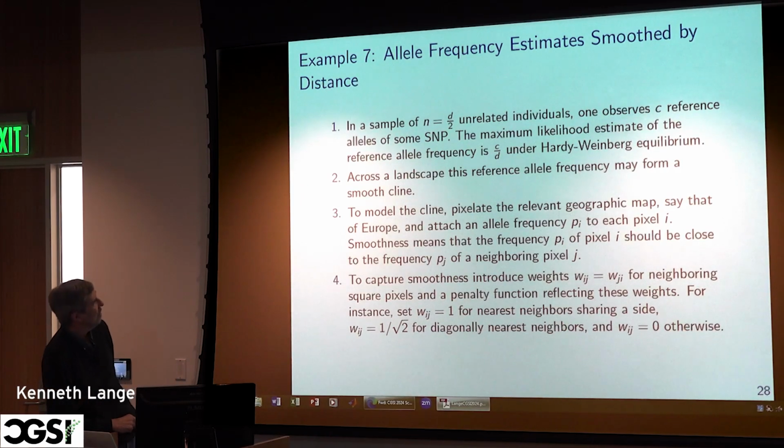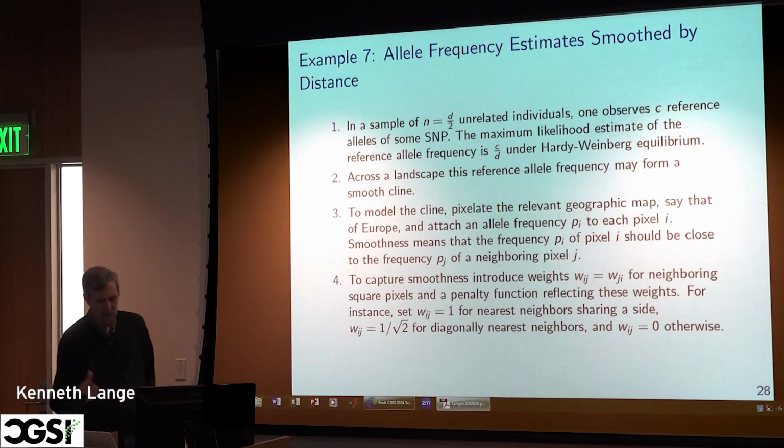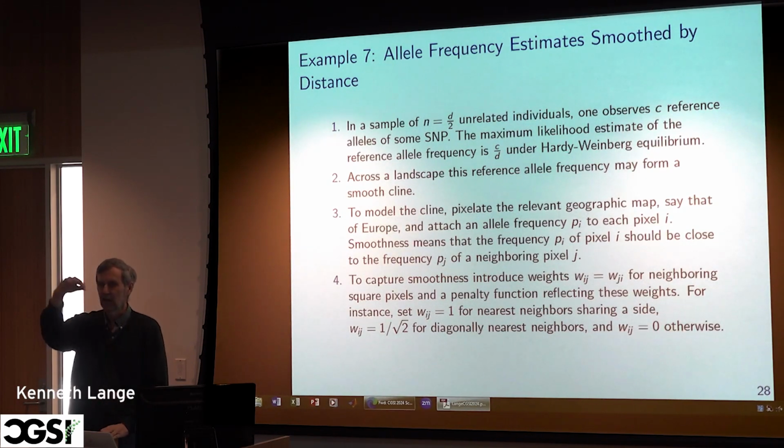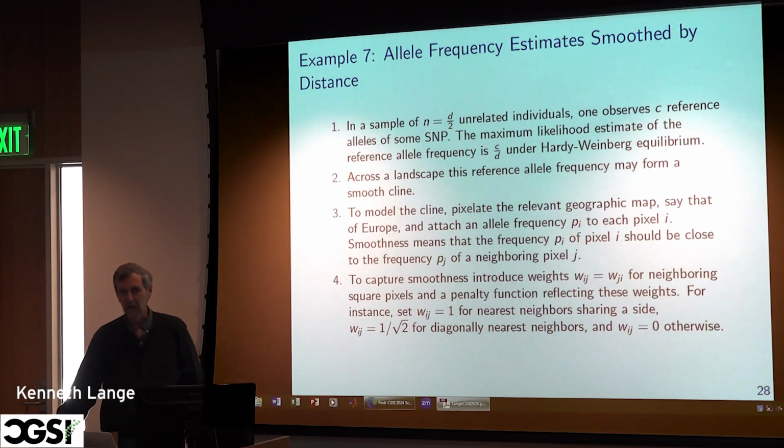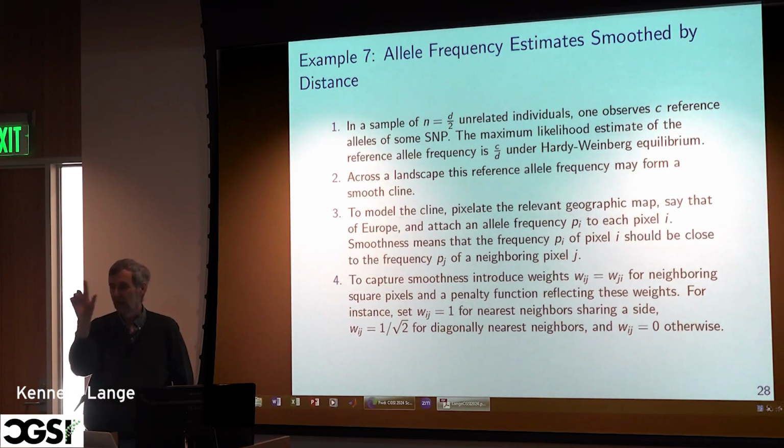Okay, this last example is a genetic example. I got interested in this by the problem of trying to put, say, criminals or some unknown person on a regular geographic landscape. So you can imagine taking something like China or Europe and pixelating that area.